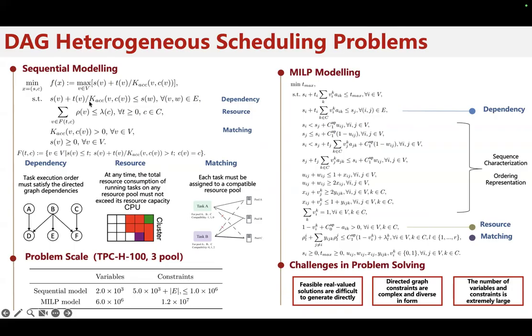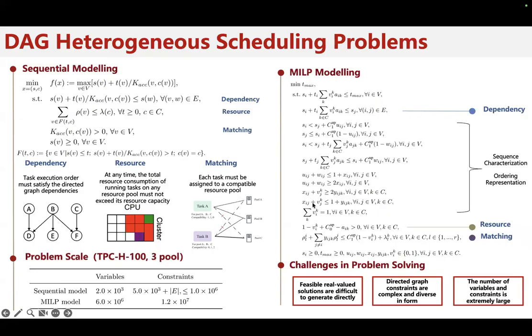So the idea is we can do the sampling efficiently. We can also encode the constraints for the neural network, and then we pass the data through the neural network and generate the solution. That's the most difficult part.